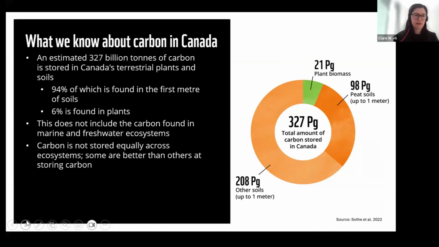Of those 327 petagrams, 94% of carbon is stored in the first meter of soils, and the remaining 6% is stored in plants. And these numbers, if you're interested, they come from a peer-reviewed study completed by McMaster University and WWF Canada. And notably, it does not include carbon found in marine and coastal ecosystems. So these numbers are just for terrestrial ecosystems.